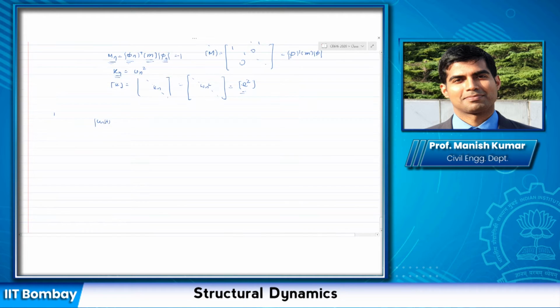Remember, for the nth mode the displacement would be the mode shape times q_n(t). And q_n(t), we have already said, is of the form a_n cos(omega_n t) plus b_n sin(omega_n t). But let us say at any specific time t equal to t0, I am going to remove the term t here, so that u_n is equal to phi_n times q_n.